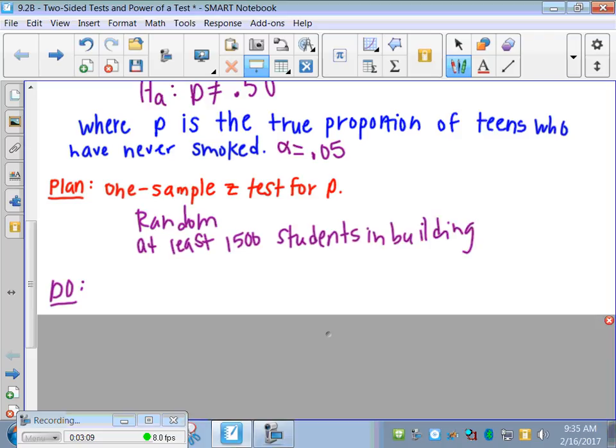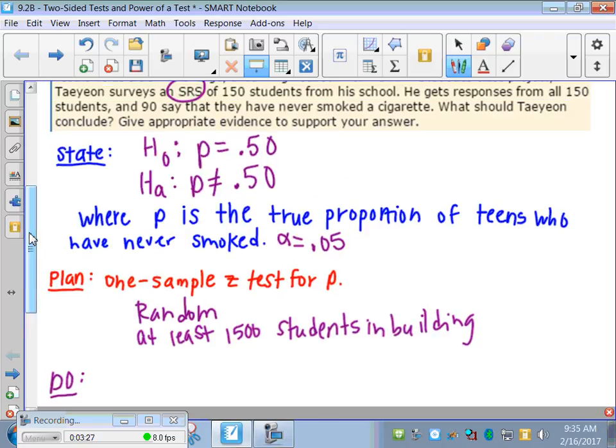You can write it as 150 is less than or equal to 10% of all the students as well. Same thing. Okay. And then we have to do n times p and n times 1 minus p, except for our p this time is what, you guys? It's 0.5. It's the p null.